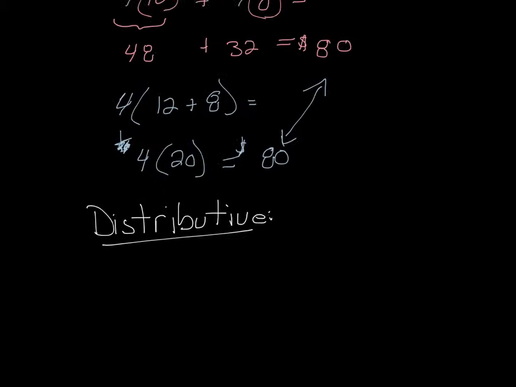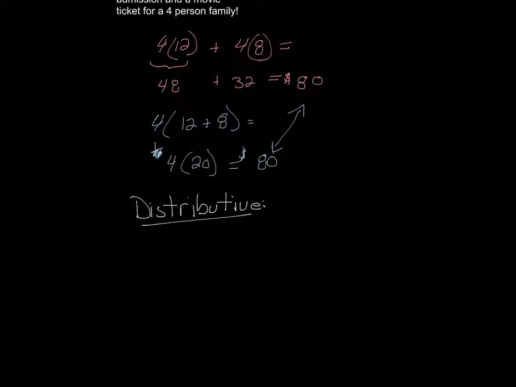Let me zoom out here just a little bit. You can distribute this number like we did up here, 4 times 12 plus 4 times 8, or we can add these two together and not use the distributive property. Basically, the distributive property means you are carrying this 4 all the way through, or you're going to add the numbers inside first and then carry the 4. As we saw, it ends up being the exact same answer, so it does not matter.